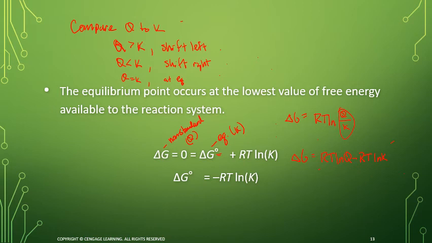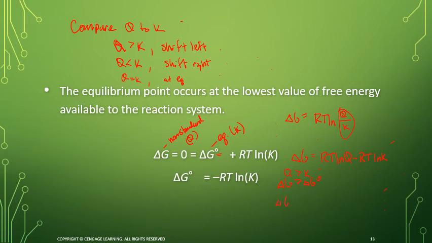And so now we could compare the value. If the delta G value is greater than the delta G naught value, in that particular situation, that would mean that my Q is greater than my K, and so as a result, I would have my reaction shift towards the left.